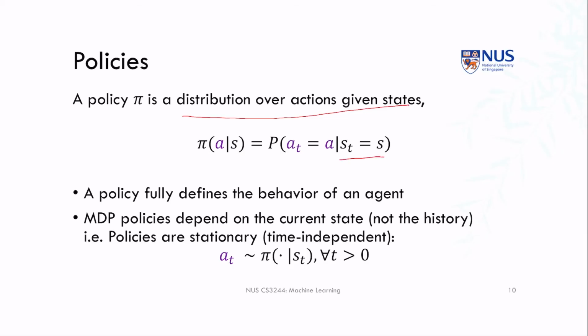We can say it's a deterministic thing, like if I'm in a particular state, I will always choose this action, but it's easier to generalize this as a probability distribution. So we're going to say that in a particular state, I'm going to choose a particular action with a particular probability. And this is going to be encoded in a distribution which we're going to call pi for policy.